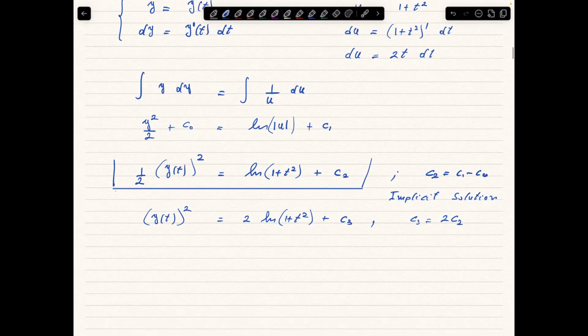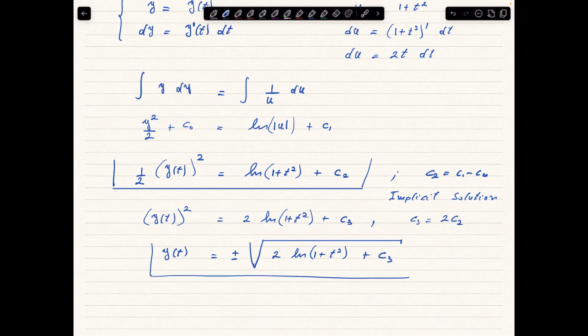Then we have to compute square roots on both sides, and then y of t is going to be plus or minus, two possibilities, the square root of 2 natural log of 1 plus t squared, all added to an arbitrary constant. That is the solution of the differential equation, now written in explicit form, also called explicit solution.